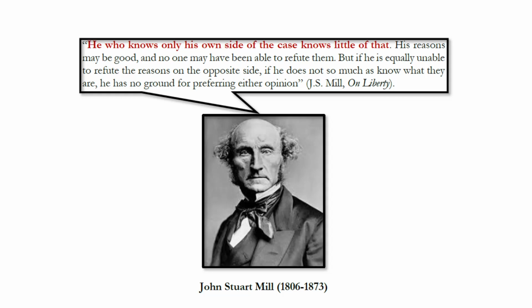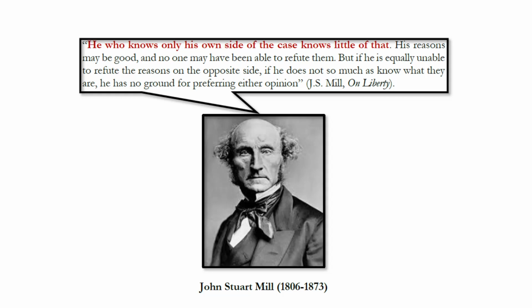Mill made this comment in the context of defending the right to freedom of speech. His point was that it is important to live in a society that permits freedom of expression because it is important that we hear the opinions of those who disagree with us.